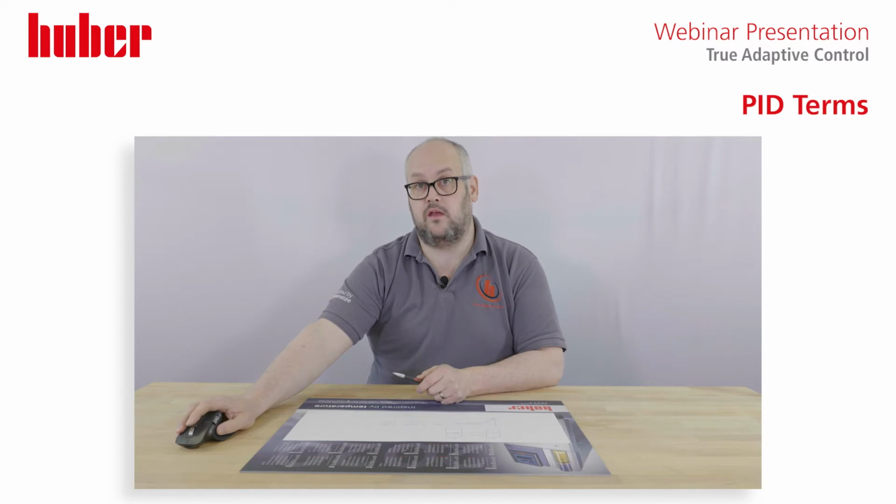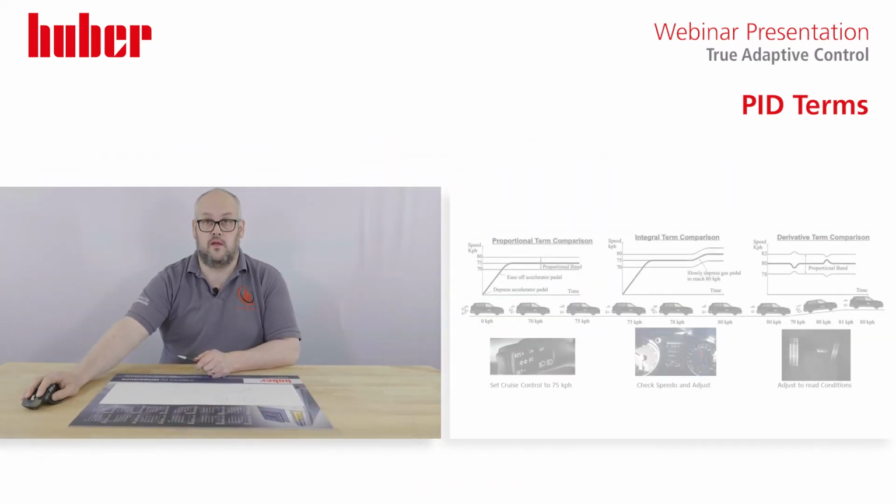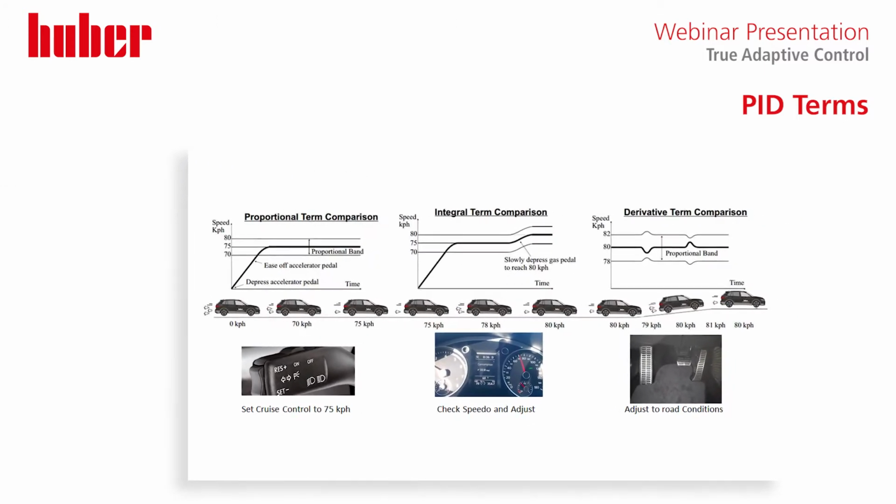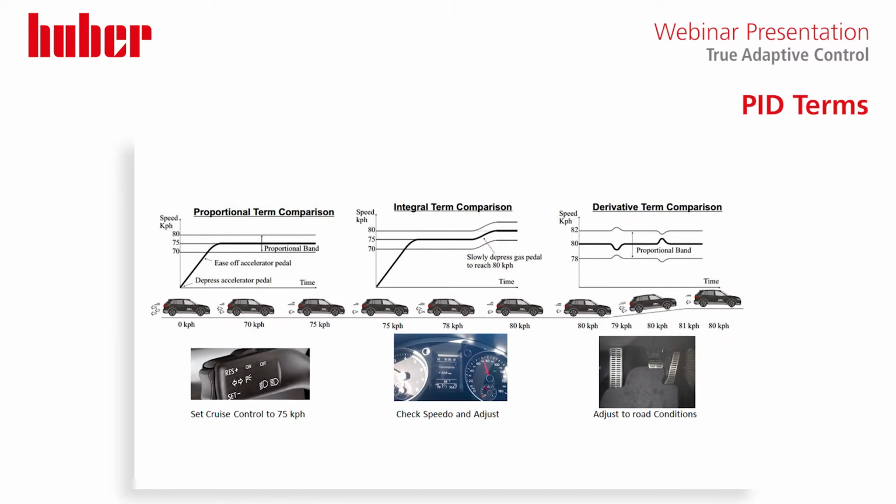The easiest way of thinking about PIDs is to think of a car driving up a hill. In the first instance, we're going up a hill. This would be our proportional value. If we set cruise control to 75 kilometers an hour, going up a hill, the car will slowly accelerate to go up the hill.